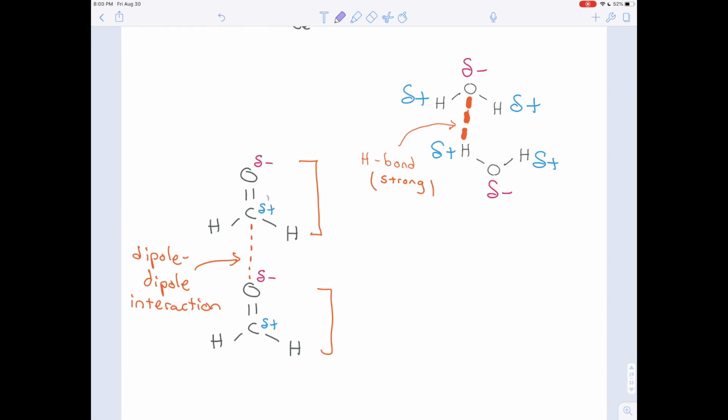And the partial positive charge on carbon is smaller than the partial positive charge on hydrogen. And so the attraction between those charges is weaker because the charges are smaller. So that's one reason why dipole-dipole interactions are weaker than hydrogen bonds: the partial charges are smaller, because the thing bonded to oxygen is more electronegative than hydrogen.